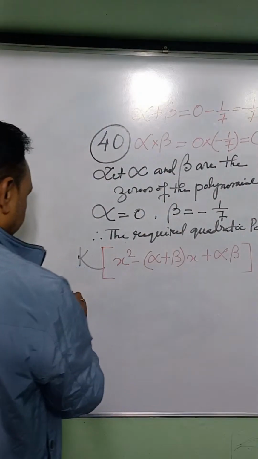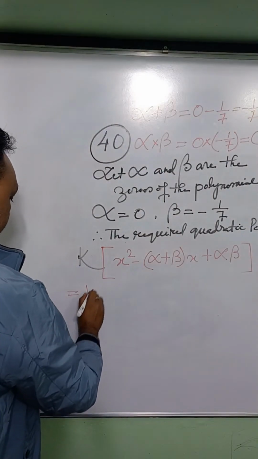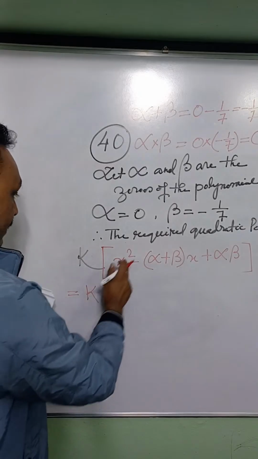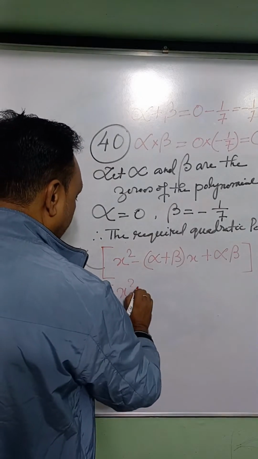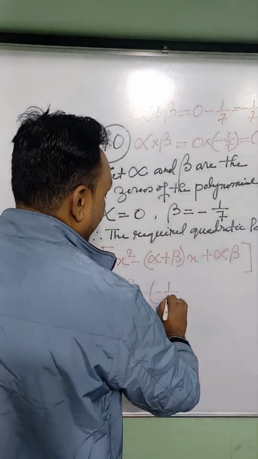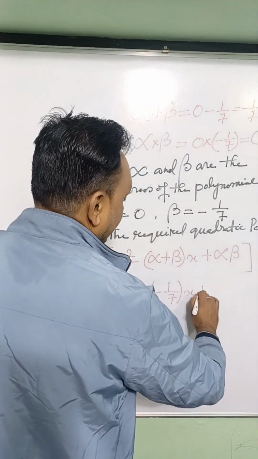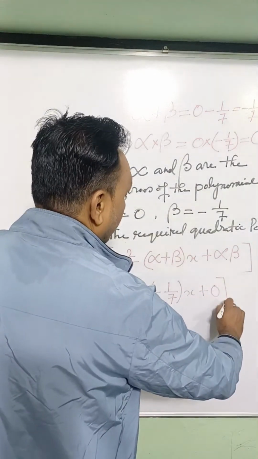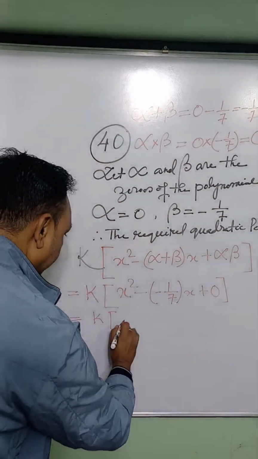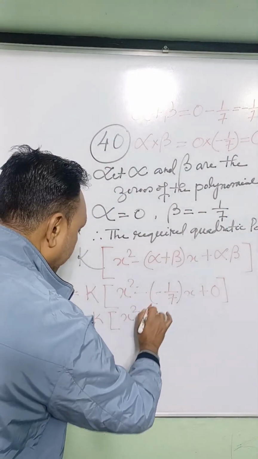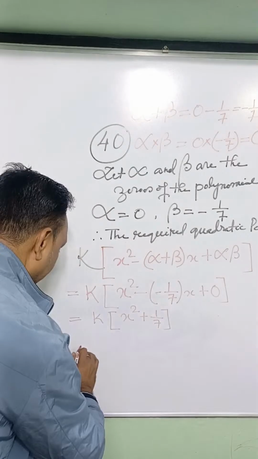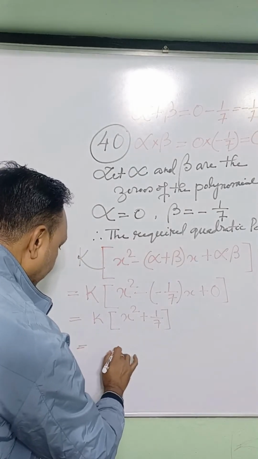Now put the values. K is a constant which is a non-zero real number. So x square minus alpha plus beta, that is minus 1 by 7, x. The product is 0, so we can neglect it. K times x square plus 1 by 7 x.